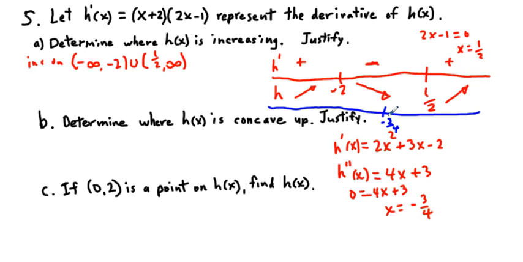That's negative 3/4. And this is going to be h double prime above and h below. And to the left, set this to 0. If we set this to 0, we're going to have positive, so we're going to have concave up. And if we set this at, say, negative 1, we're going to have negative, concave down.